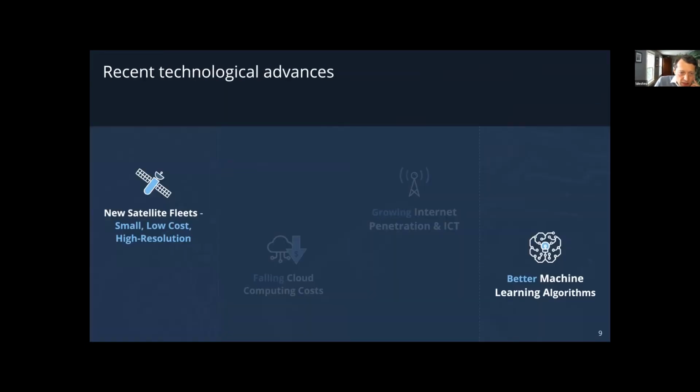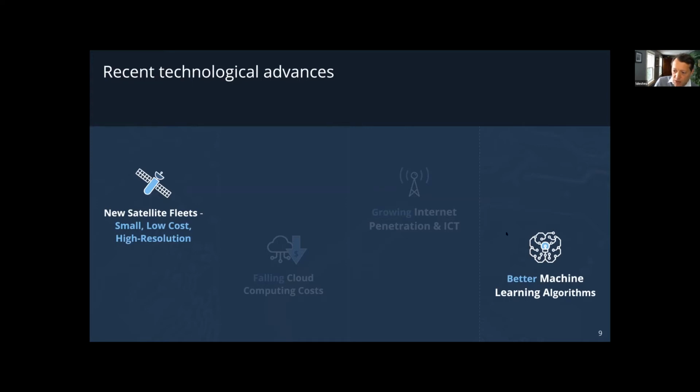The good news is that in the past 3 to 5 years, at least the imaging and the computational problems are a lot better addressed now. So, talking particularly about new small sat fleets of the type put up by Planet, that are small, low cost, not very high resolution, but high resolution spatially, and high temporal resolution, which is really critical, that allow you to address that scaling challenge.